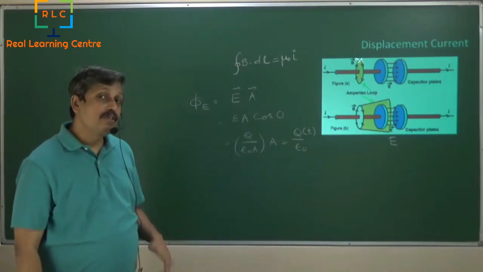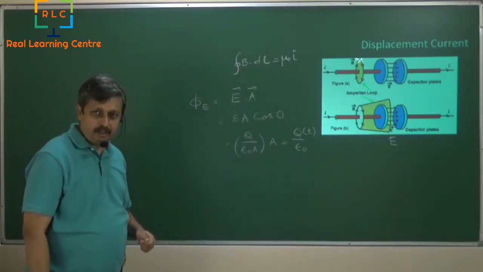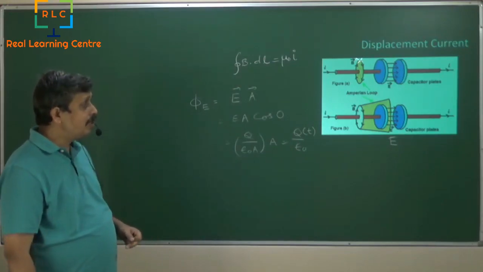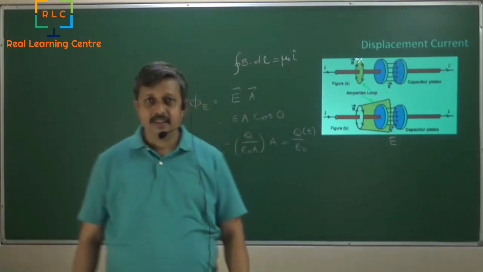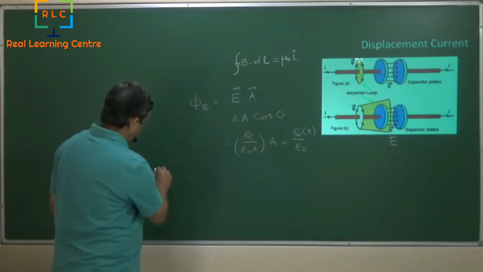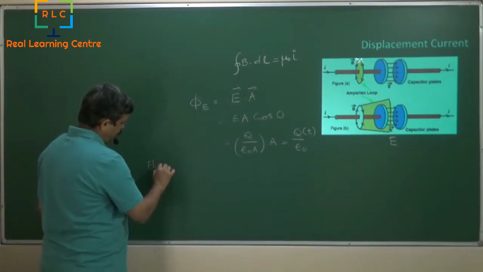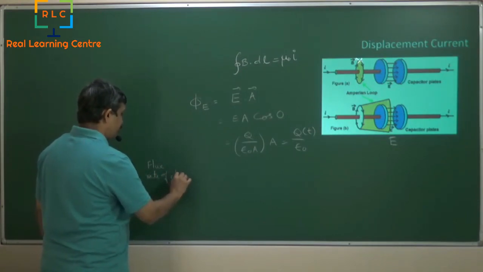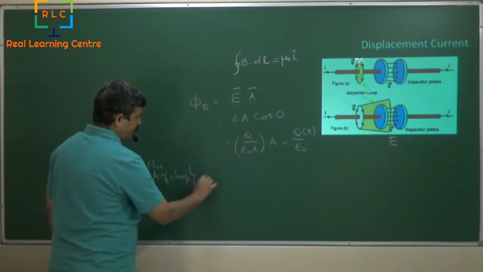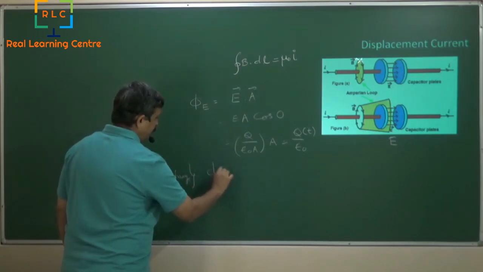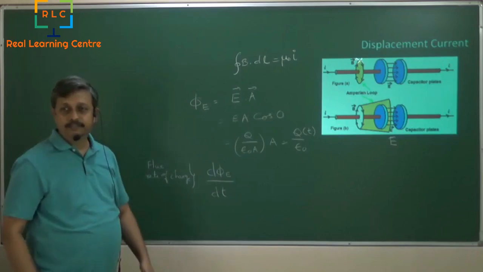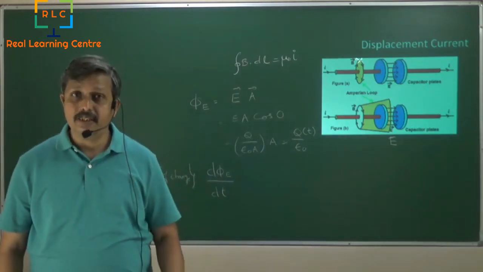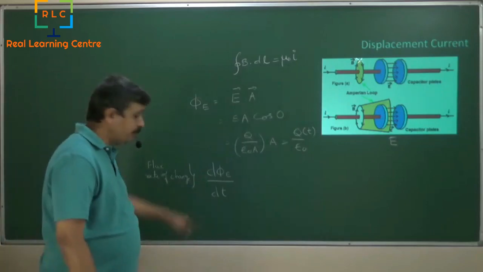Okay. Now what we will do is find out how electric field is varying, how much flux is varying. So we will compute the varying flux, the rate of change of flux. That should be d phi E by dt. Flux rate of change is d phi E by dt.